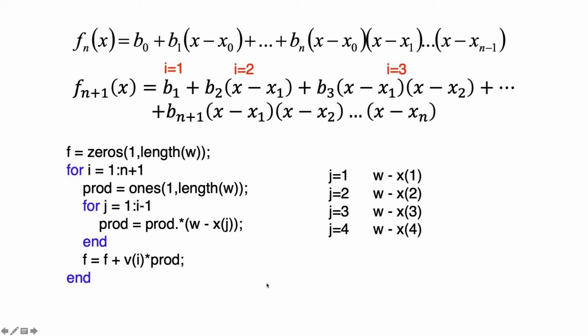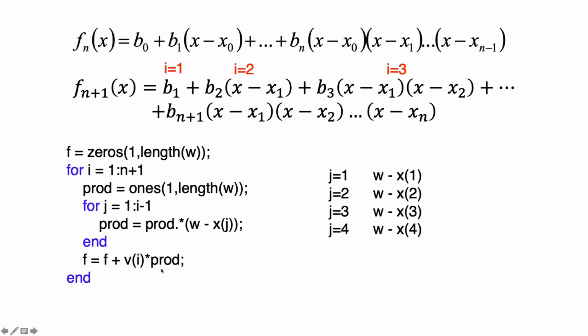So X minus X1. And you understand now why I used W instead of X, because I already used X for the given variables. So this will give us just one factor of this term. So product will then be equal to W minus X1. And then it exits this for loop and goes here.